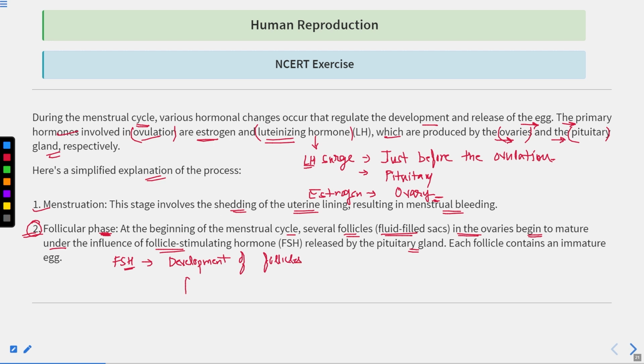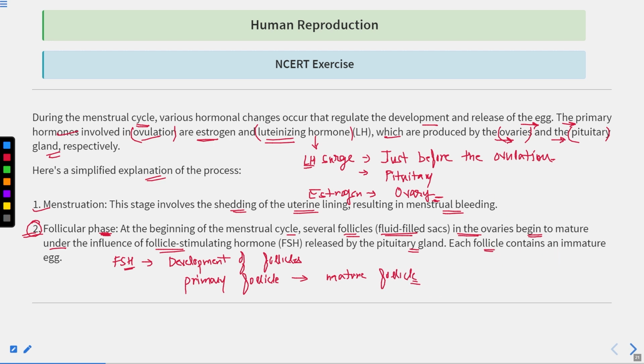Okay, and the primary follicle gets transformed into the mature follicle, or you can say it gets transformed into the Graafian follicle.